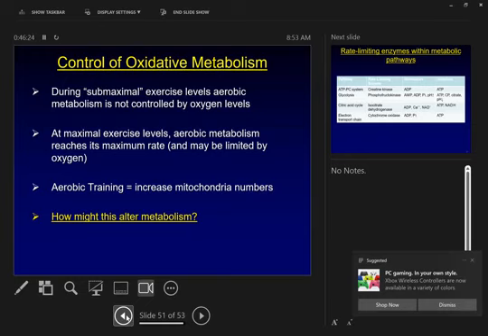Okay. The single best way to derive more energy from aerobic metabolism, to make less lactic acid, is to simply have more mitochondria in your muscle fibers. You have more mitochondria, you have more PDH. So any pyruvate molecule has a greater chance of bumping into PDH.